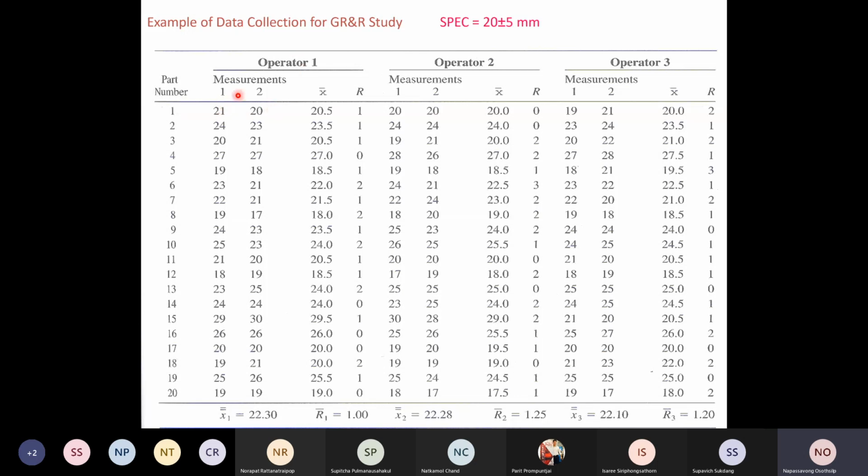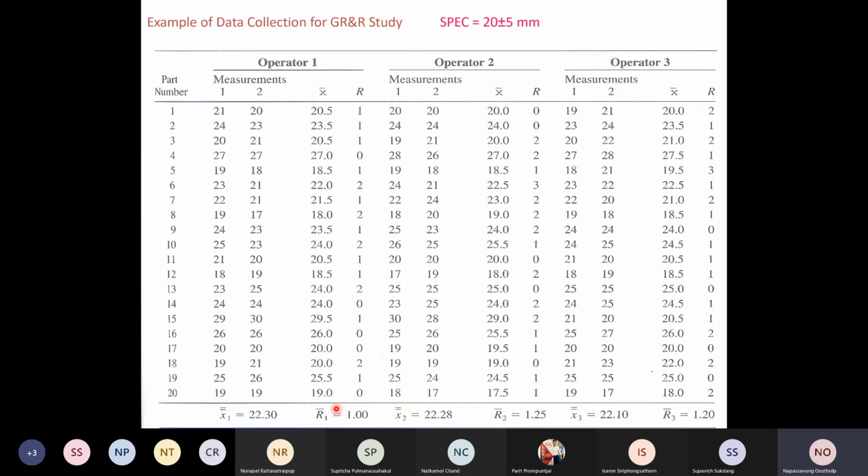The two measurements differ by 1 unit, right? And for the second part, 1 unit. For part number 4, there is no difference between the 2 replications, so R is 0. If you take an average of the R for all the parts for operator 1, you will get R bar 1 equal to 1.